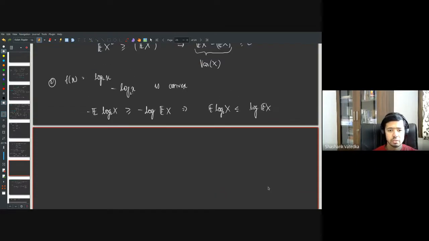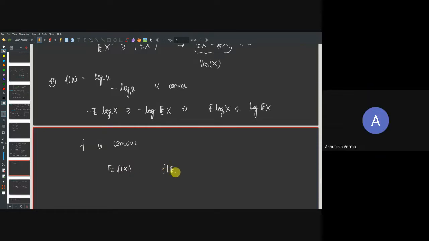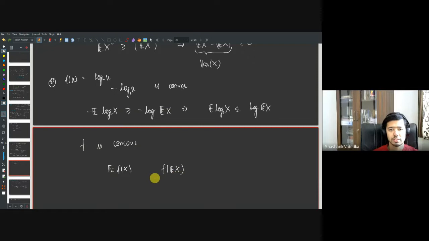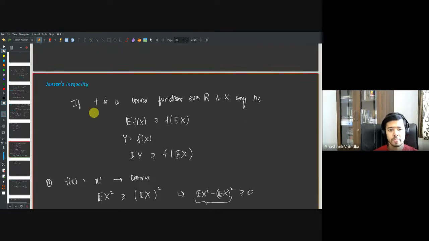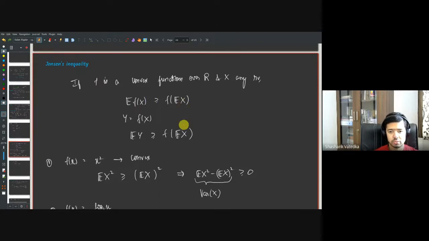All right. So in general, suppose that f is concave. Then what can you say about expectation of f of x versus f of expectation of x? It will be smaller. Exactly. So in Jensen's inequality, if f is convex, then expectation f of x is greater than or equal to f of expectation of x.